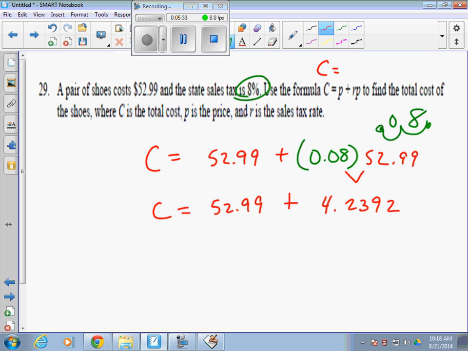So plus 52.99 is going to give us 57.2292. So that's our cost. Again, you don't want to go past the hundredths place because there's no such thing as anything past a cent. This number 9 is bigger than 5, so that tells you to round that 2 up to 3. So the cost of these shoes with the tax is going to be $57.23.